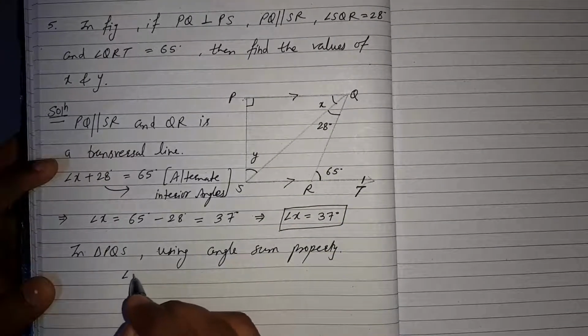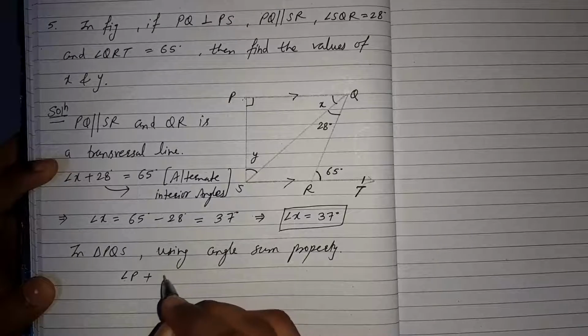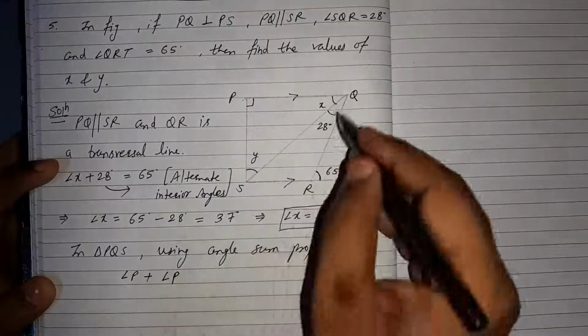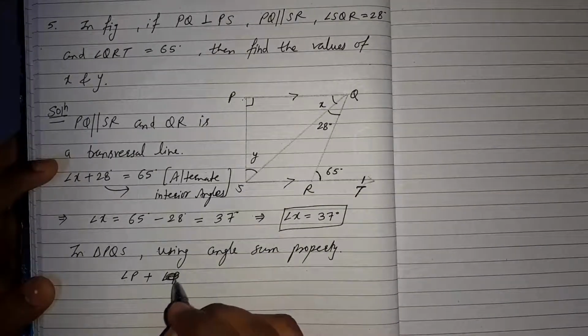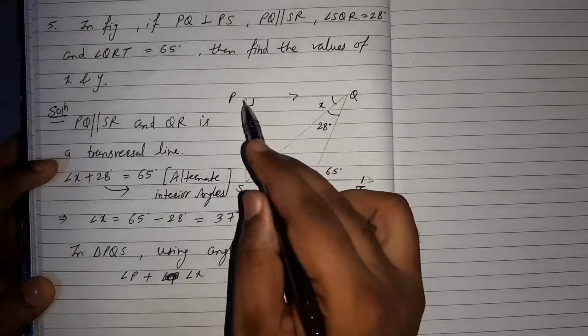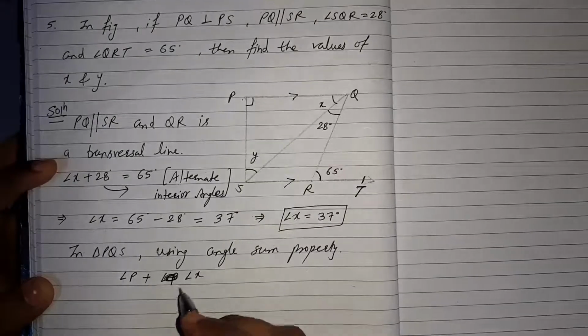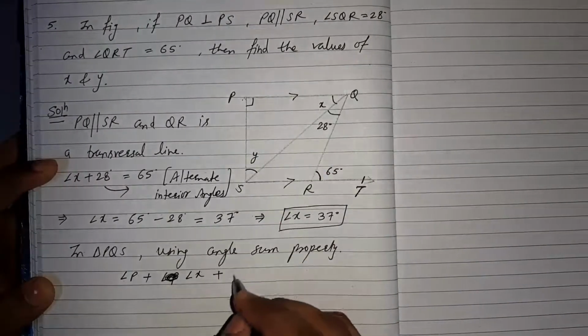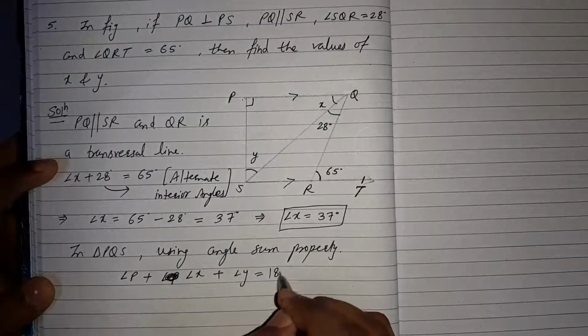So angle P plus angle PQS, which means angle x, we can write angle x here, plus angle PSQ, which is given as angle y, is equal to 180 degrees.